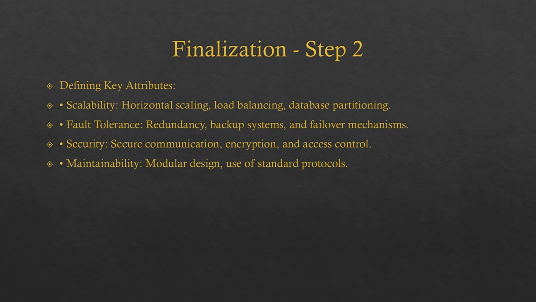Security, implementing secure communication protocols and access control to safeguard sensitive data. Maintainability, ensuring the system is modular, making it easy to update and scale. These attributes are vital in ensuring that our design meets both functional and non-functional requirements.